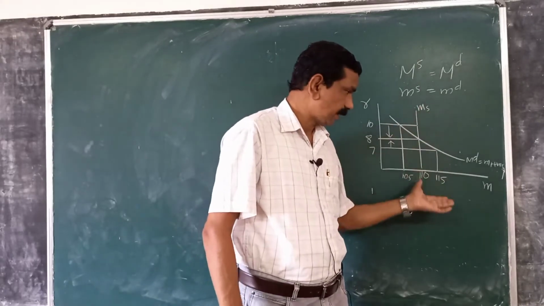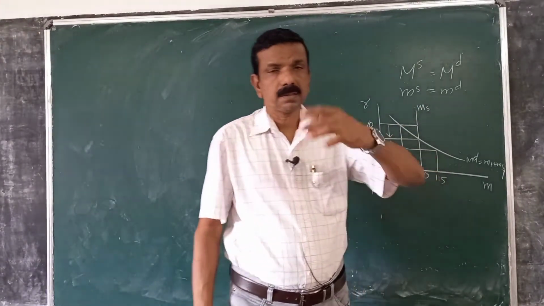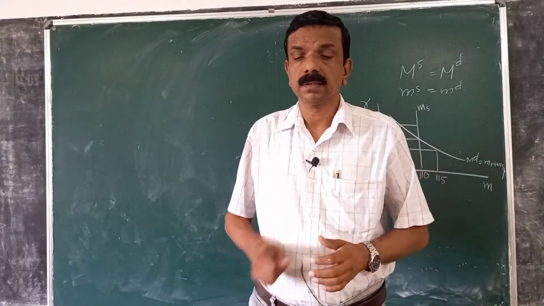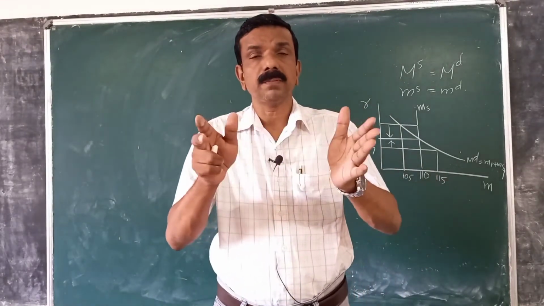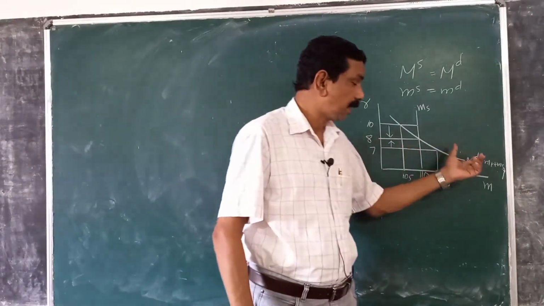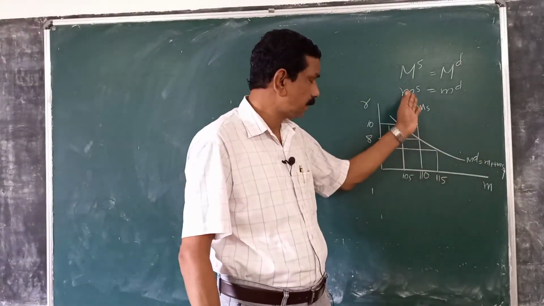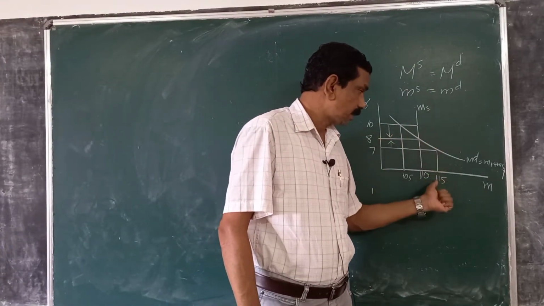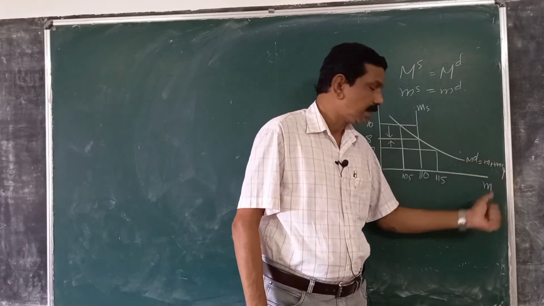So in this way, if there is a disequilibrium in the money market, this disequilibrium will be corrected by the interaction between money and bonds. And the equilibrium rate of interest is determined by the intersection between money demand and money supply.